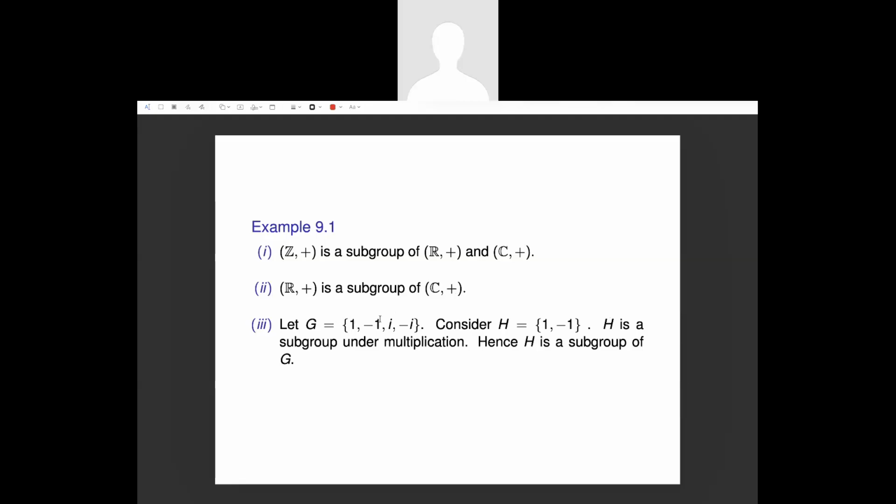If we take one subset H = {1, -1}, then H is a subgroup under multiplication, because if you draw the table, 1 into 1 is 1, and -1 is a self inverse, so it satisfies all the properties of a group. H is clearly a subset of G, so H is a subgroup of G.